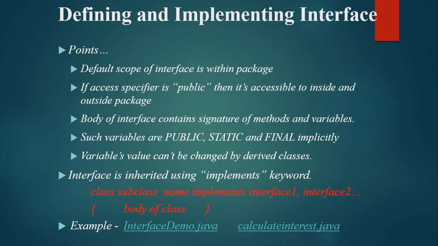We can implement the interface, we cannot extend the interface. In inheritance, we say class 1 extends class 2, but if we want to inherit our interface, then we will use the keyword implements: class name implements interface name. If we have more than one interface, then we can write them comma separated.